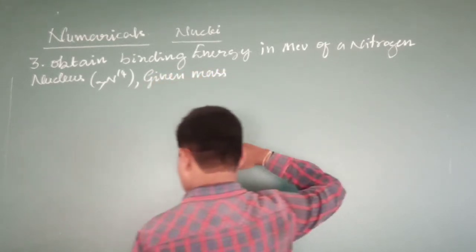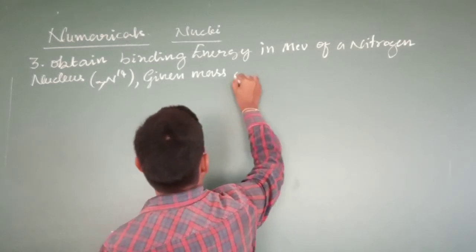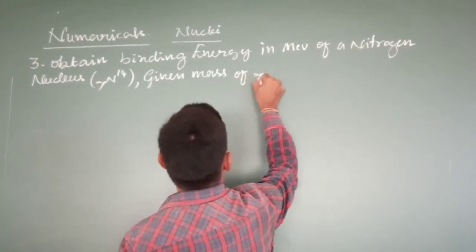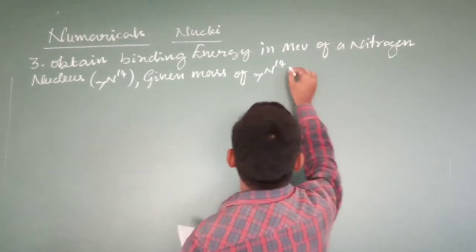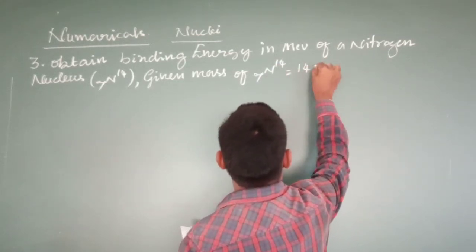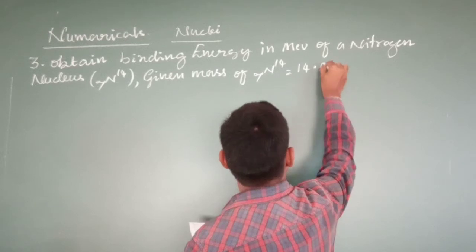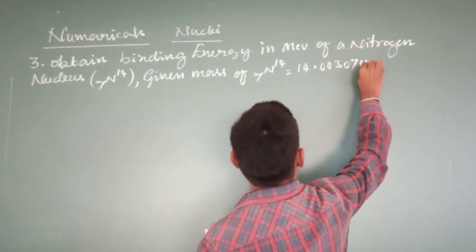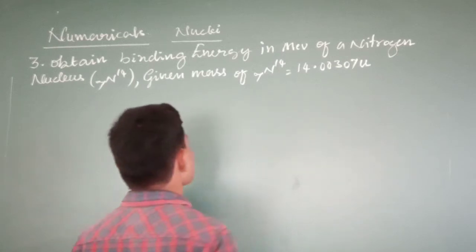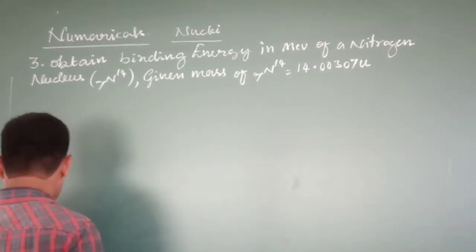Given the mass of nitrogen in terms of atomic mass unit is 14.00307 atomic mass unit. This is the actual mass of the nitrogen nucleus.